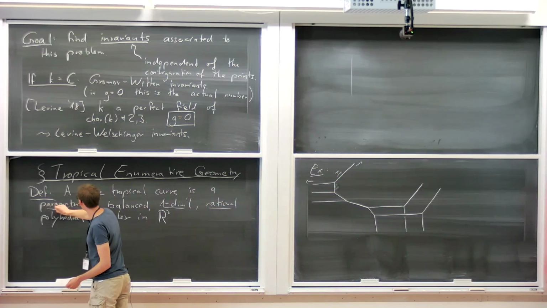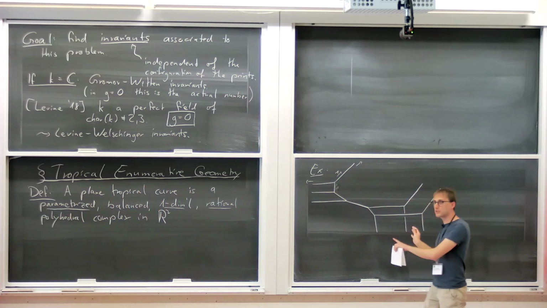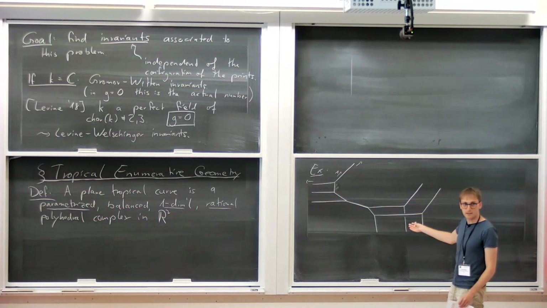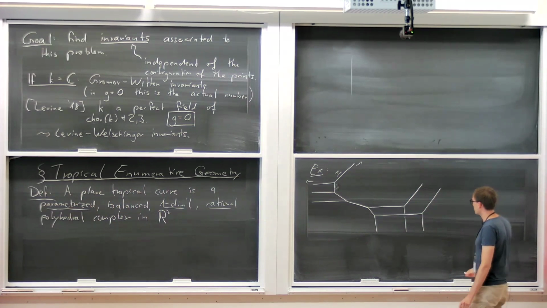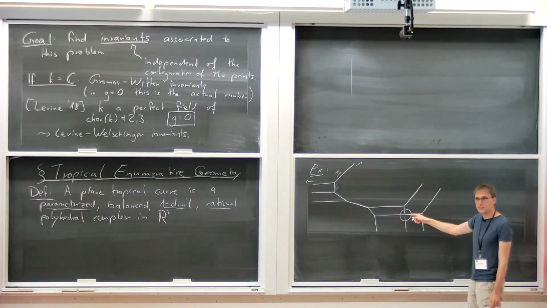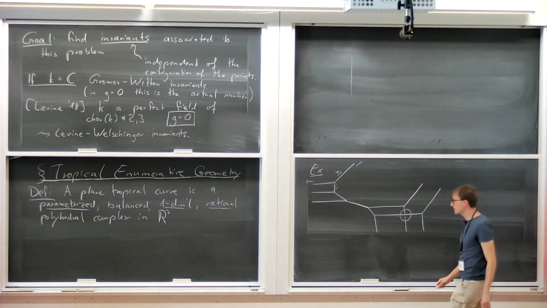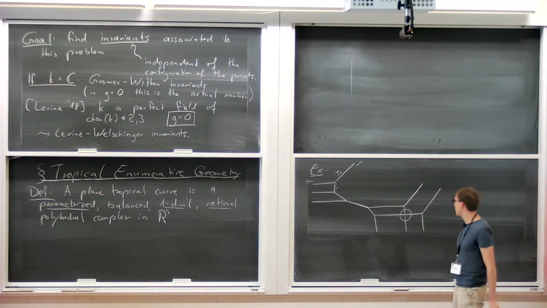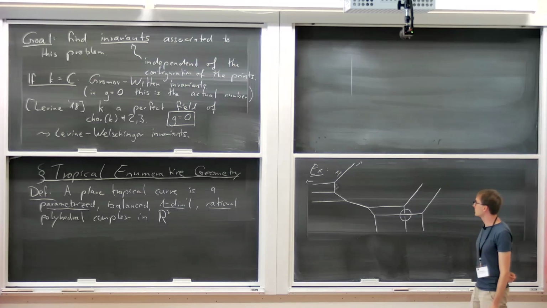We've got the word parametrized here, which means that I should be thinking of this picture as a graph being mapped into the plane, which allows me then to resolve certain uncertainties, like, for example, this guy over here. I already tried to indicate that this is not a vertex. This is a crossing where two branches of the abstract graph just happen to overlap in the image. So something like this is resolved by the word parametrized.